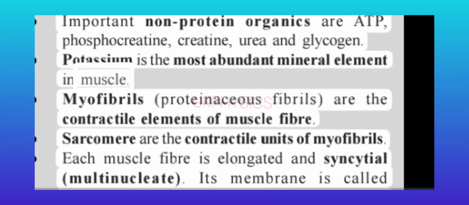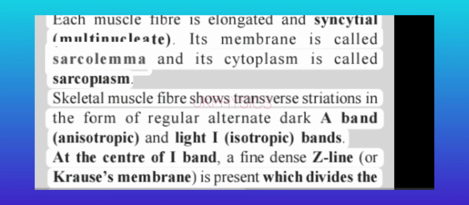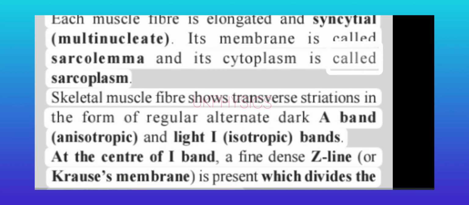In muscle, myofibrils, proteinaceous fibrils, are the contractile elements of the muscle fiber. Sarcomeres are the contractile units of myofibrils. Each muscle fiber is elongated and syncytial, multinucleate. Its membrane is called sarcolemma and its cytoplasm is called sarcoplasm.